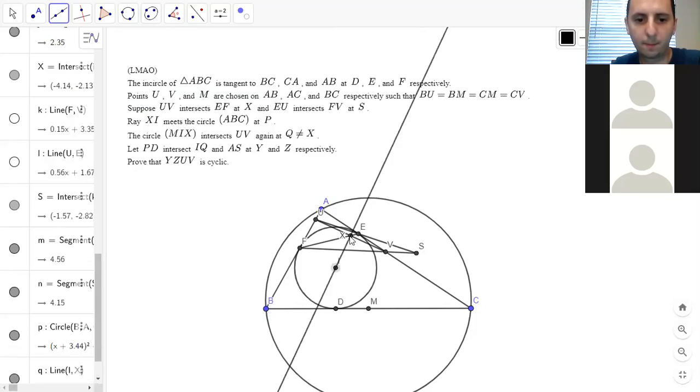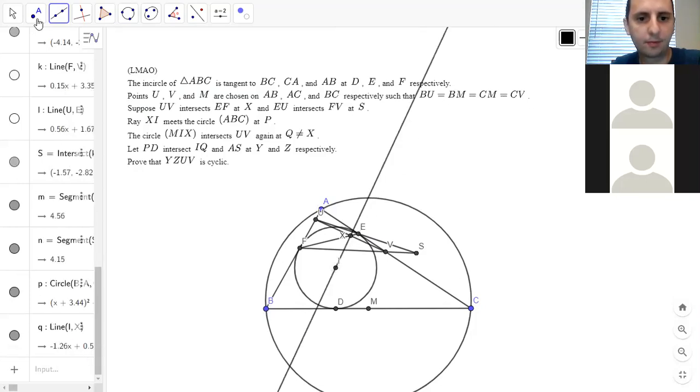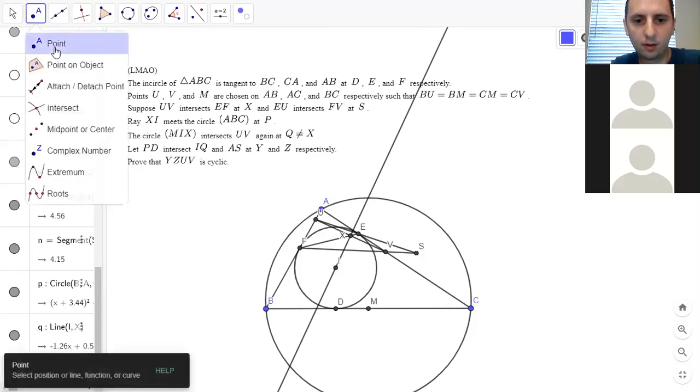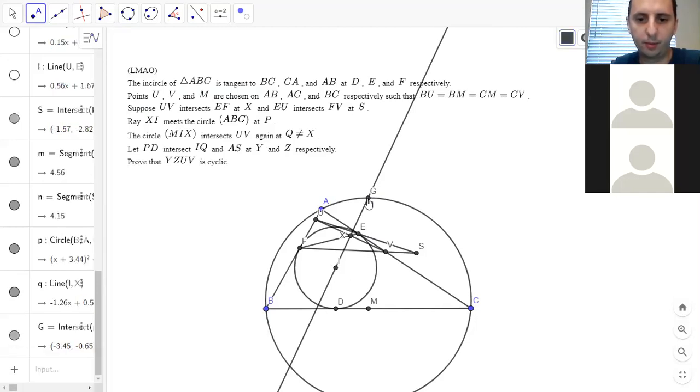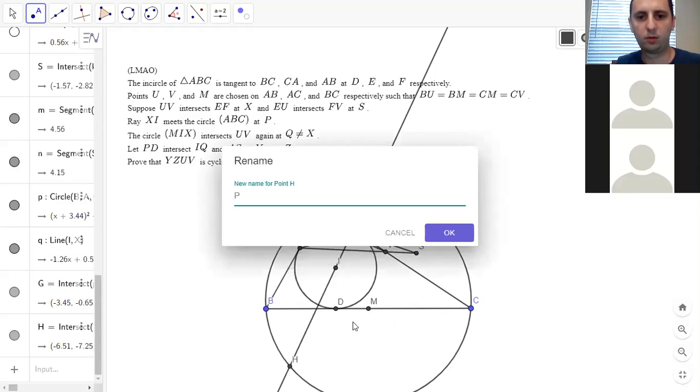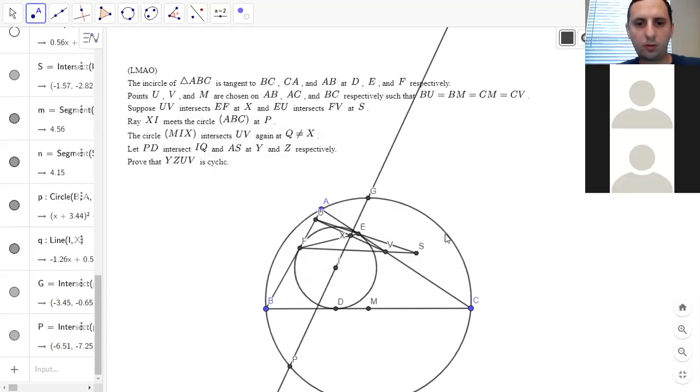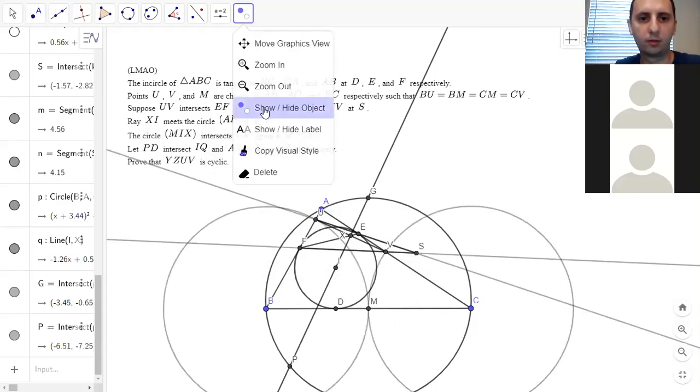Interesting. Because IX passes through the midpoint of arc BAC. Is it obvious that G is the midpoint? No, it's not. Okay. But we can prove it from spiral similarity. Spiral similarity. Okay.